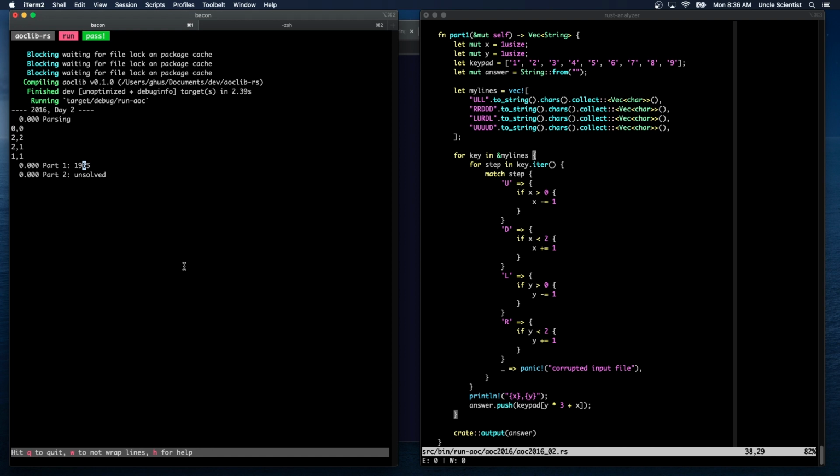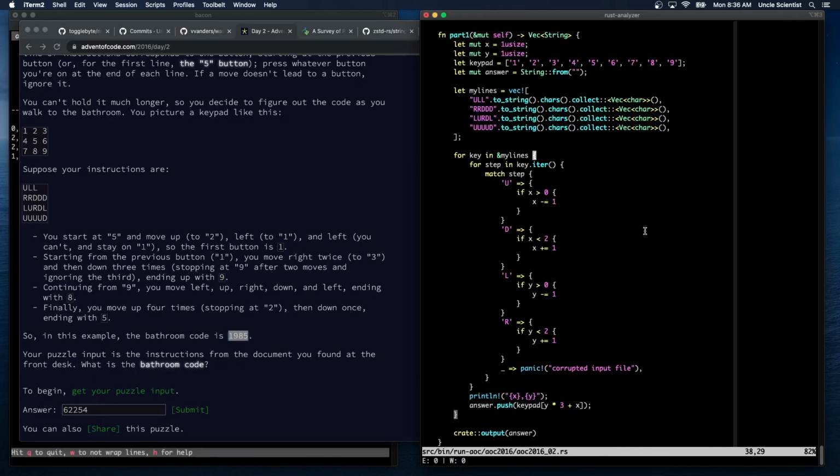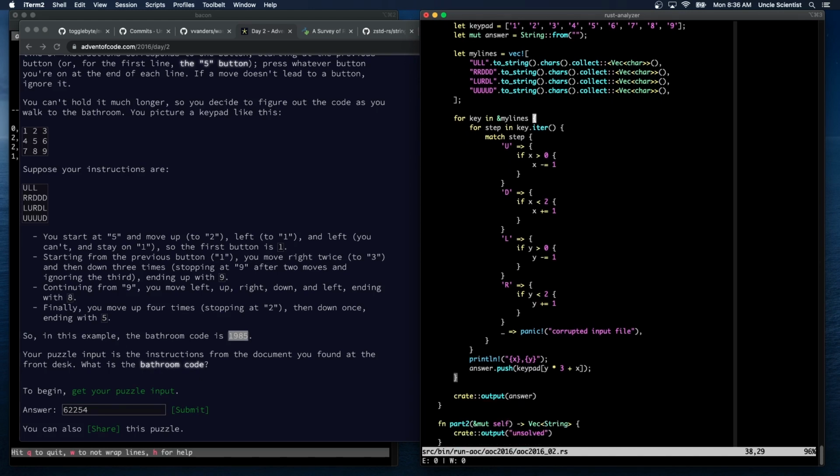1965. Aha! There's our bug. It should be 1985 if I remember. Yep, 1985. Okay, so what did we do wrong? Left, up, right, down, left. Let's do each step at a time. Stopping at, and we can just print it out.